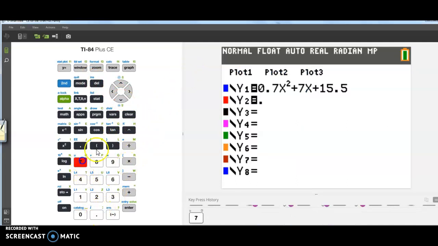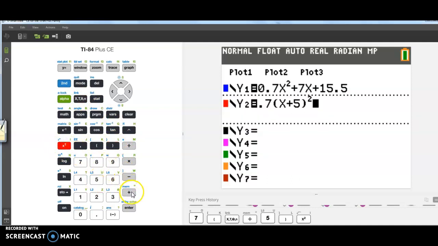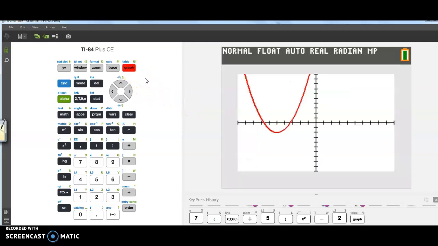So 0.7 parenthesis x plus 5 end parenthesis, that quantity squared, and then beyond the squared we had a minus 2. And so in the computer version, that first parabola we graphed was blue, this next one will be red, and so we'll take a look at the graph, and we can see that it literally graphed directly on top, and so I don't even see the blue anymore because they are literally the exact same parabola. We just have two different versions or two different forms of our equation.